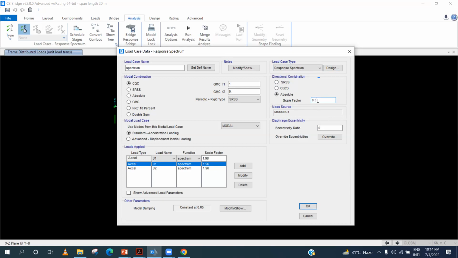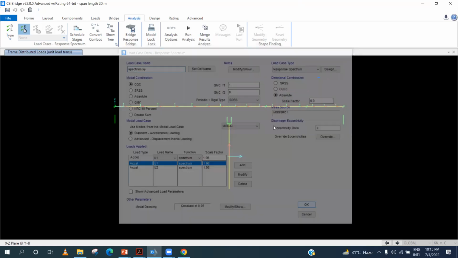If you want to do it separately, you can define response spectrum X for U1 and U2 separately. Then in the load combination you have to make combinations in which 100% of one and 30% of the other is taken. So it is better to take this into account here, and it will automatically perform all the combinations for you. I hope you got this. Good. This is how you can define the response spectrum.